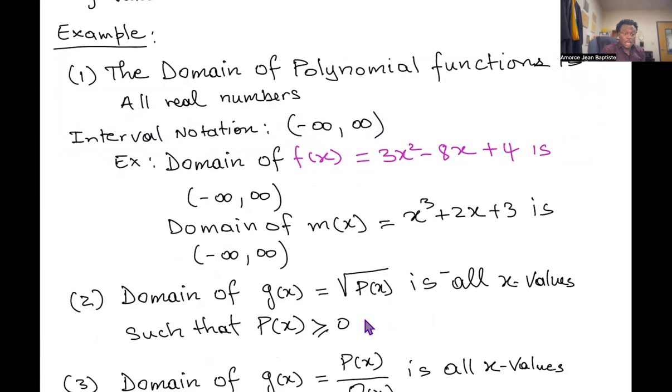The domain is all real numbers. All real numbers means takes numbers from negative infinity to positive infinity. All real numbers. So another example here, that's another polynomial function. Domain is all real numbers. This example here, all real numbers.